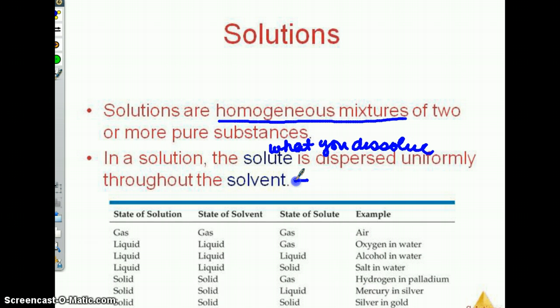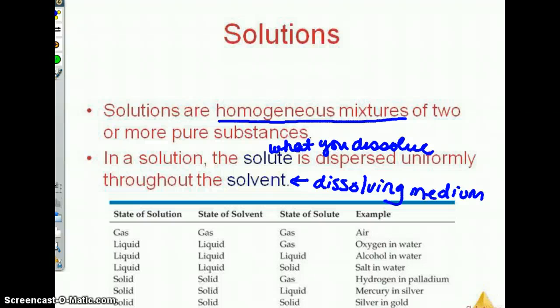The solvent is what we're dissolving the stuff in, or the dissolving medium. So far we know what a homogeneous mixture is, what a solute is, and what a solvent is. If I'm making Kool-Aid, water would be the solvent. The Kool-Aid mix would be the solute.